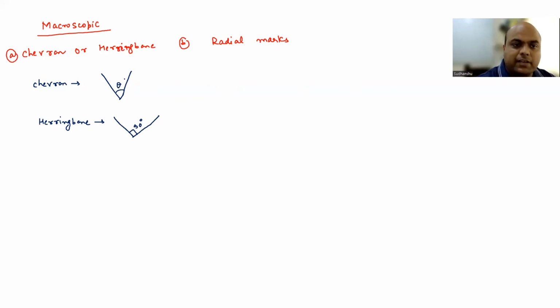Chevron is in general, herringbone is a particular case when theta is 90 degrees. Both are V-shaped, the angle is different, and you are going to frequently observe this in low strength steel.